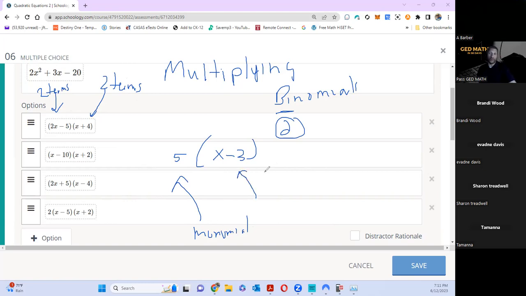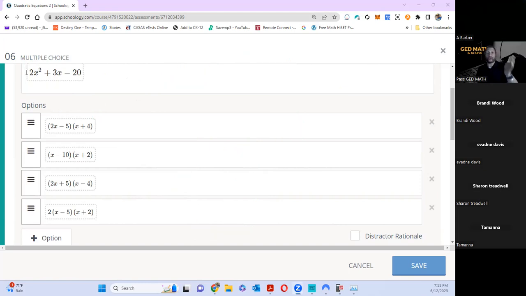This is a binomial. But on the GED, when they tell you to factor a quadratic equation, you have to understand the skill of multiplying binomials. Mr. Timothy, will you ever see a trinomial? Yeah. On the GED, I haven't seen it.